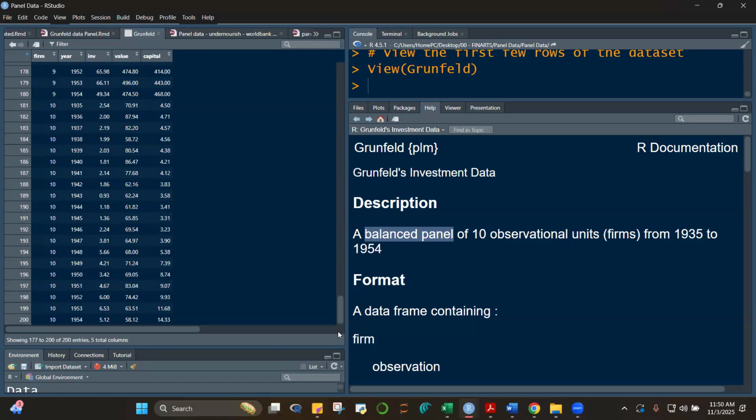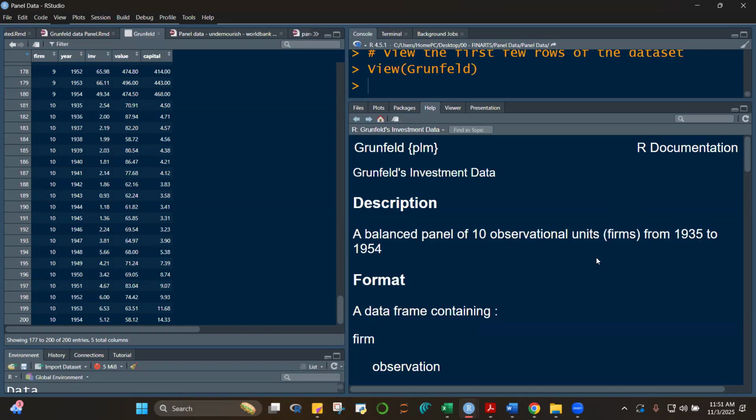Up to firm number 10, 1935 up to 1954. That's a balanced panel, class. 10 units from 1935 to 1954. That's 20 years, right? 20 years, 10 units, class. And since it's balanced panel data, you have 200 observations, 10 times 20.